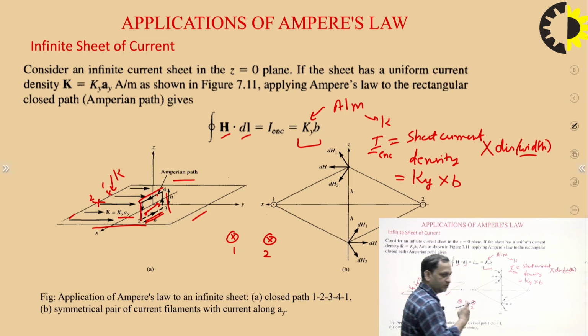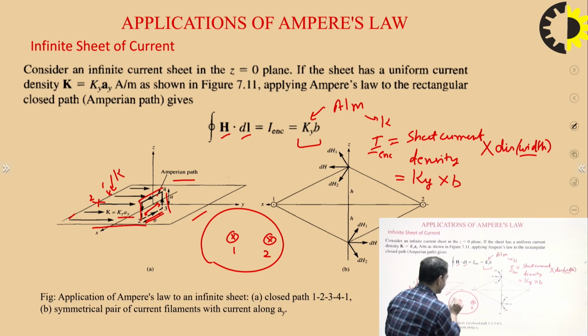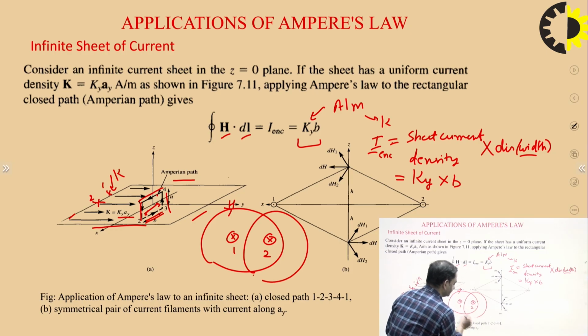If we hold the current carrying conductor like this, the direction of H will be along the fingers, like this. Similarly, when we hold this current carrying conductor in this direction, the direction of H will be across the fingers, so it will again be like this. So this is the direction of H.